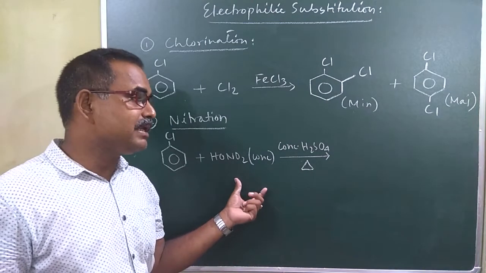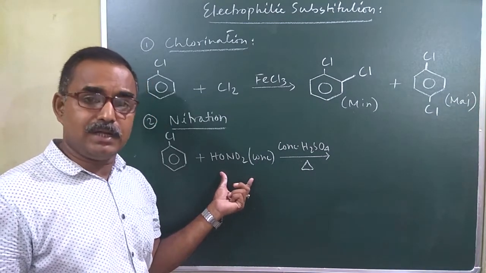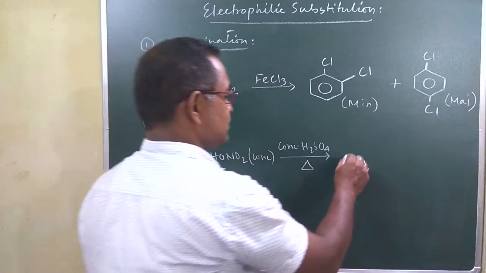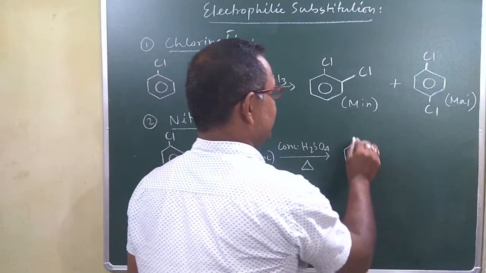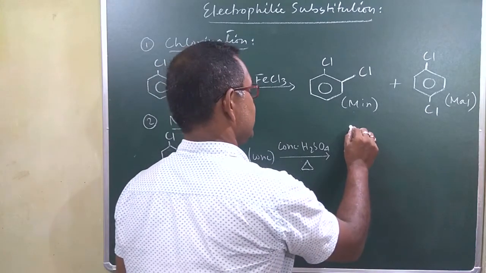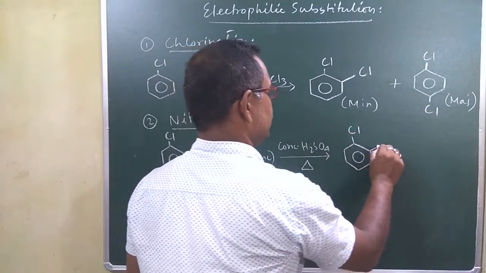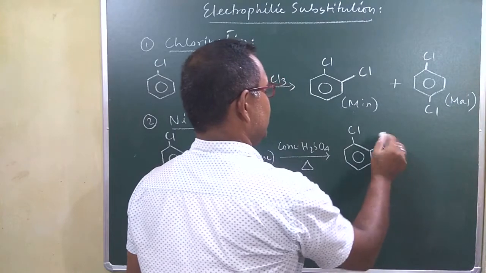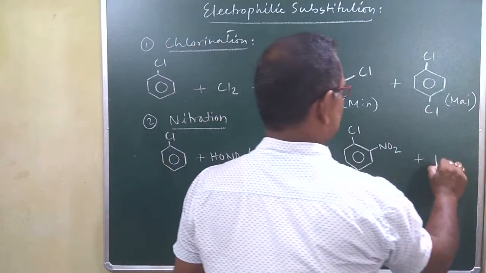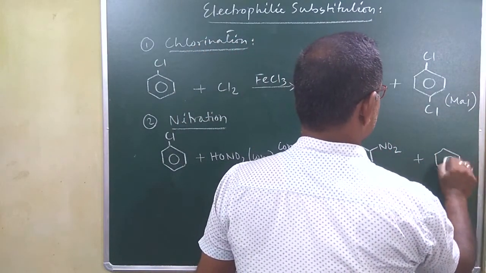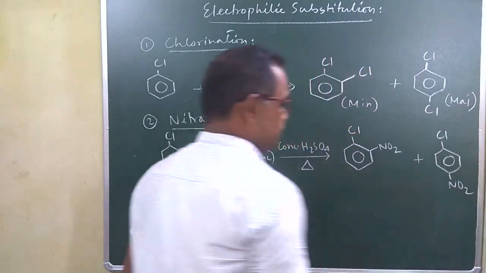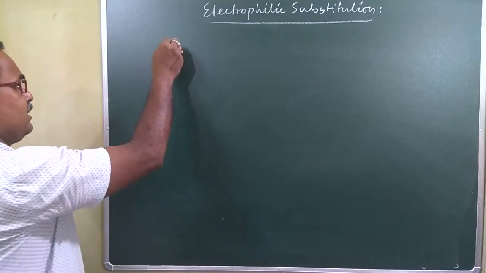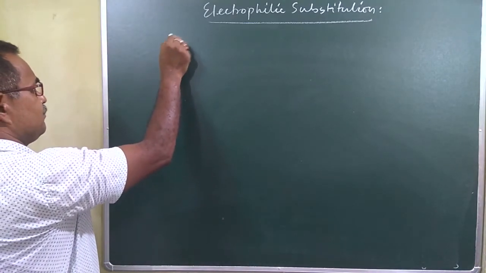It is usually used to carry out nitration. In this case also there will be nitration. The incoming electrophile is nitronium ion NO2 plus. NO2 plus will enter either to ortho position or to para position.